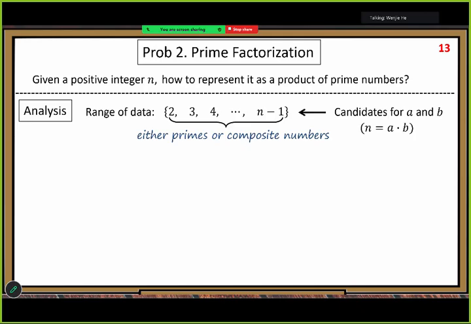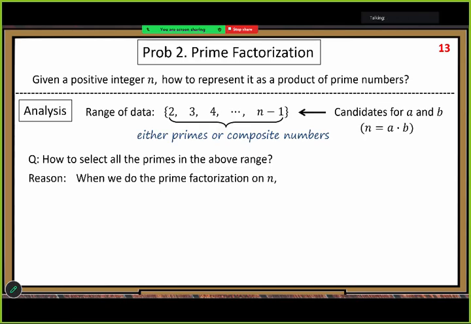Our interest is in the primes, not composite numbers. So we want to throw away the composite numbers and keep the primes. What's the basic idea?